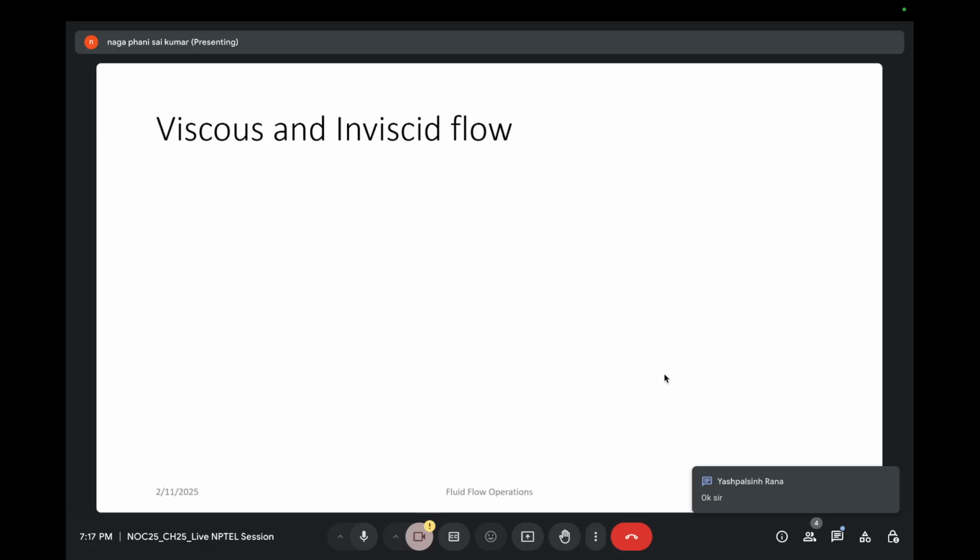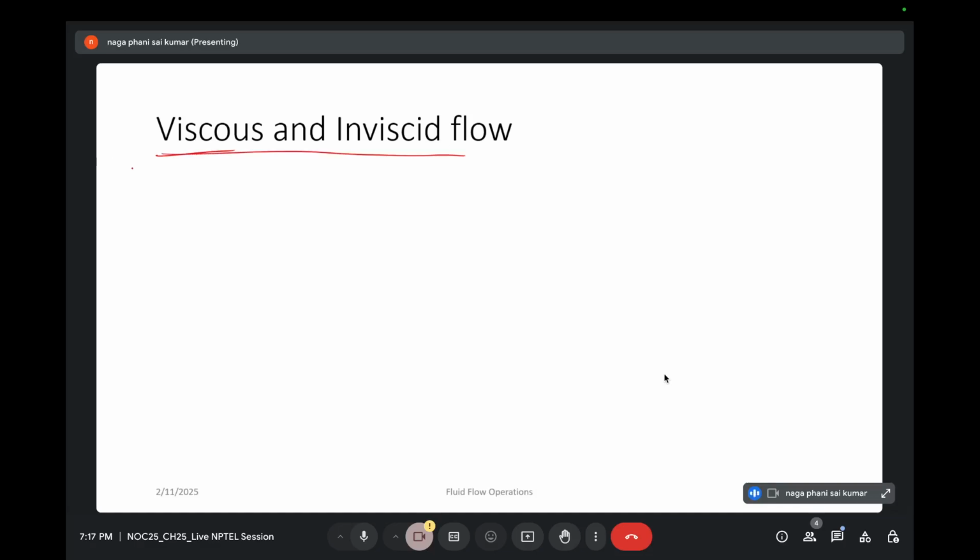So now coming back to types of flows. Now we'll discuss viscous and inviscid flows. First let's discuss viscous flows. All fluids have viscosity, right?